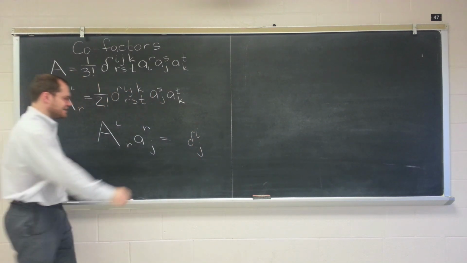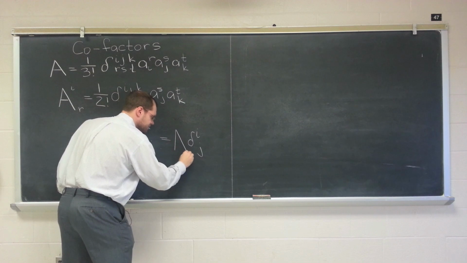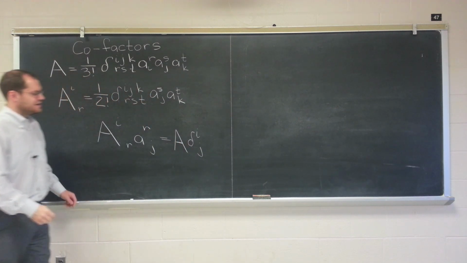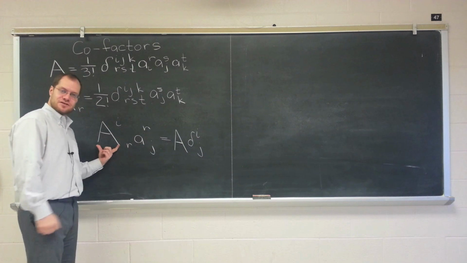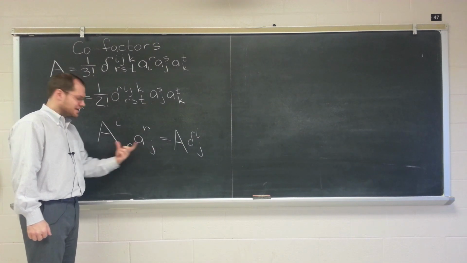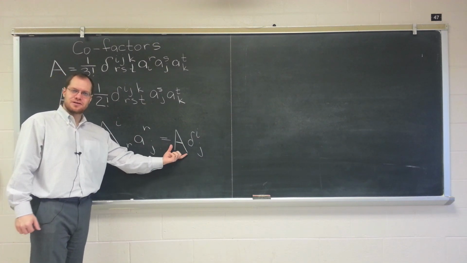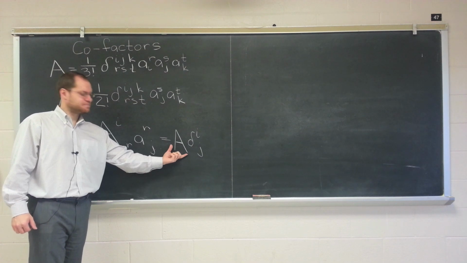But what we instead get is the determinant times delta ij. So this isn't quite the inverse of the system. It's the inverse times the determinant of the matrix A.